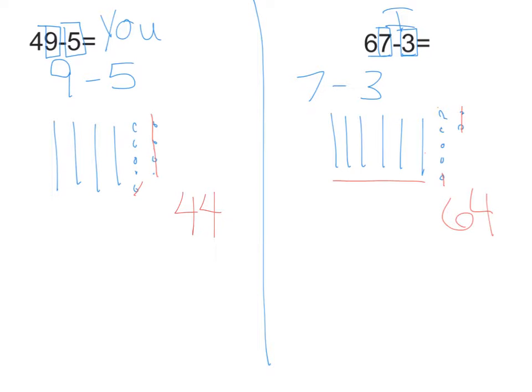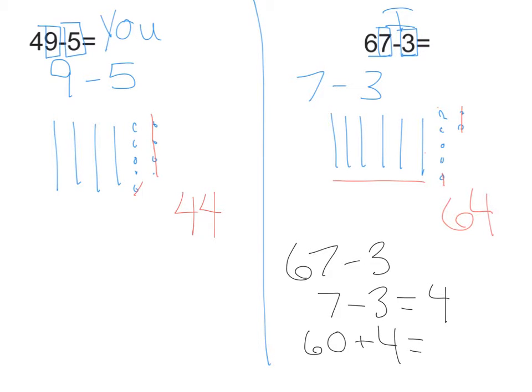So now I come back to 67 minus 3. I see that I can do 7 minus 3, which equals 4. 60 plus 4 equals 64. So here I just took the part that I could solve, right?